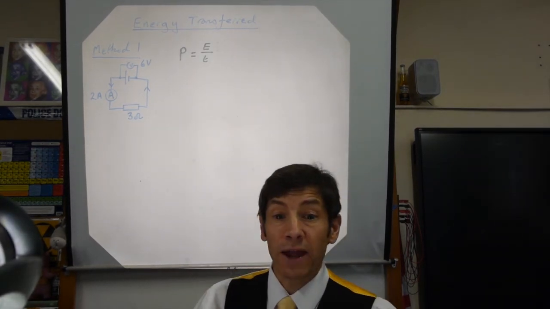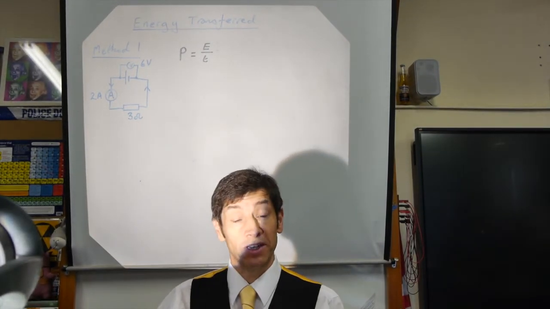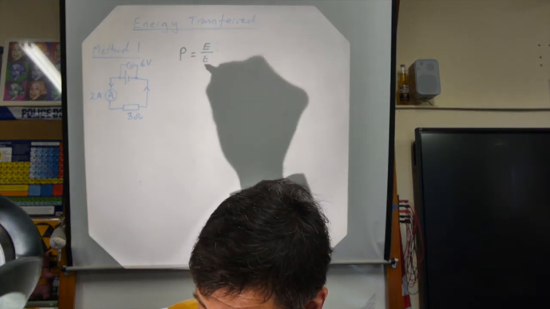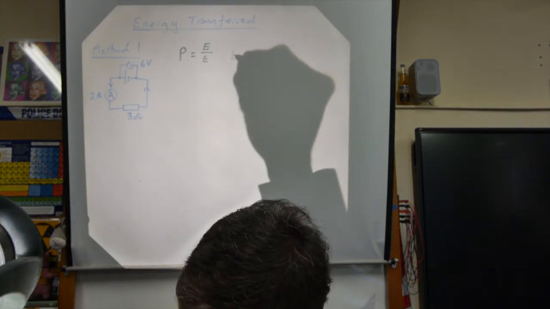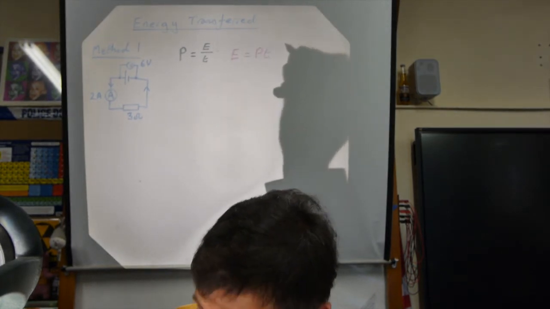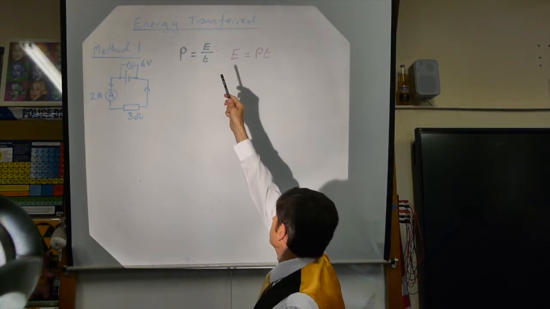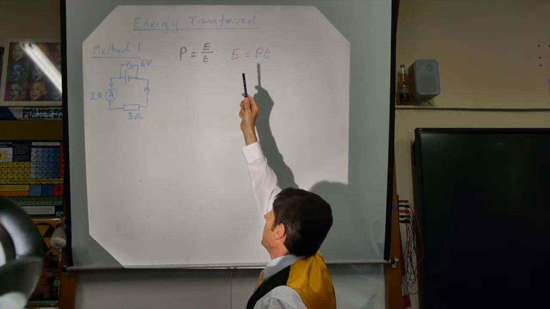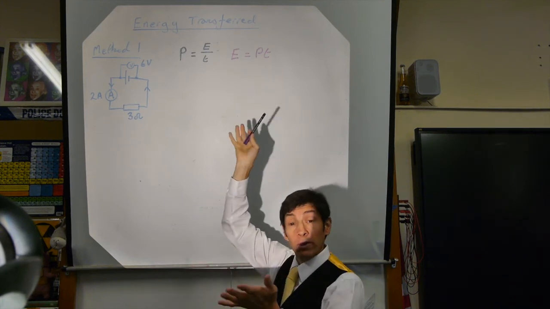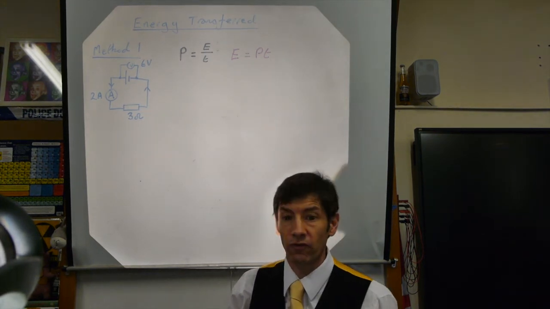But if I rearrange that, for the energy that would be given out by a circuit if we leave it on for a period of time, E is P times T. So the energy given out by any electrical circuit will be the power of that circuit, which you can calculate with the formula we looked at earlier, multiplied by how long you leave it on for.